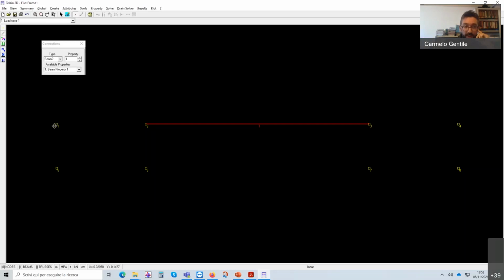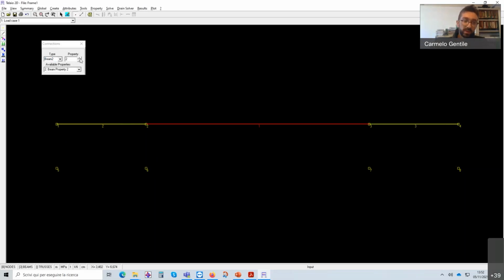Before adding the other element, we have just to change the number of property by selecting this arrow in property. We have property number 2. We go on selecting the nodes that have to be connected by the next element, and we can see that this element is in a different color.